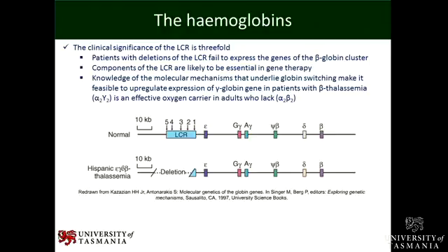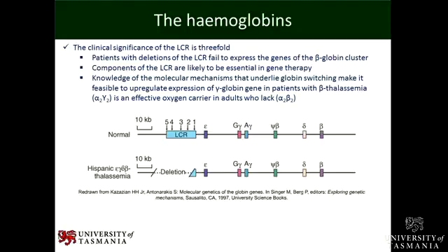Components of the locus control region are likely to be essential in gene therapy, as I just said, along with knowledge of the molecular mechanisms that underlie globin switching. Remember, we just talked about globin switching from fetal to adult globin. This makes it feasible to try and manipulate this and upregulate the expression of the gamma globin gene in patients with beta thalassemia, because it's been shown that alpha and gamma is an effective oxygen carrier.